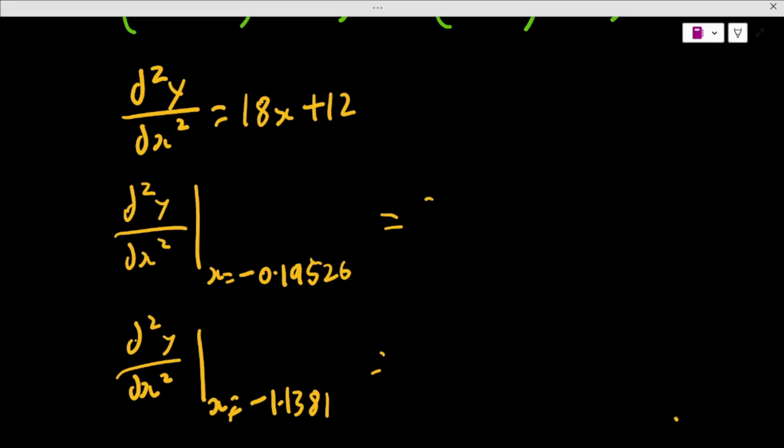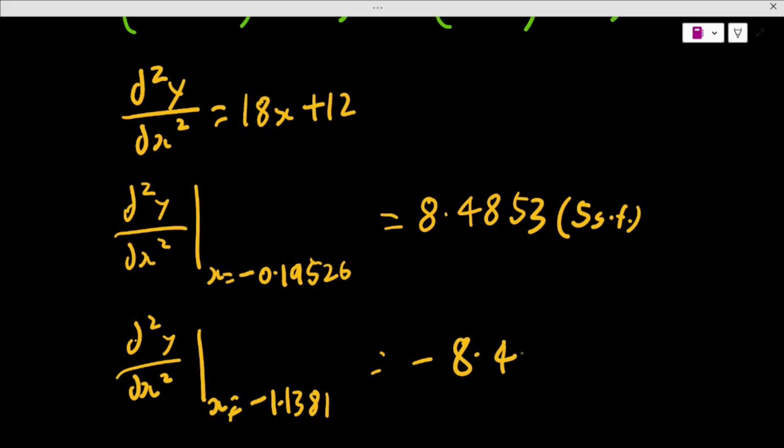This is 8.4853 to 5 significant figures. And for the other one, it's going to be negative 1.1381. This is going to be negative 8.4858 to 5 significant figures. Yeah, actually exactly. So there's that. Okay, what do these values mean?